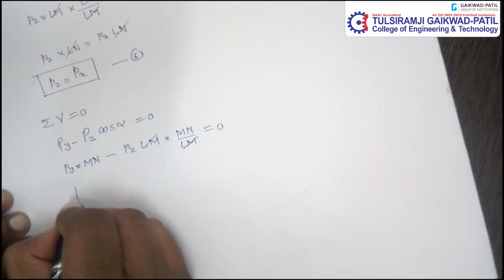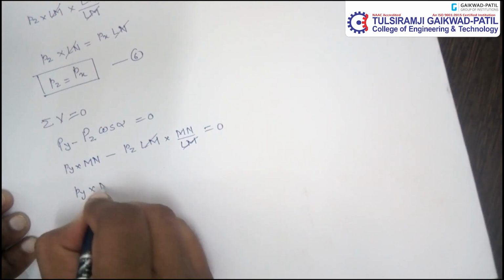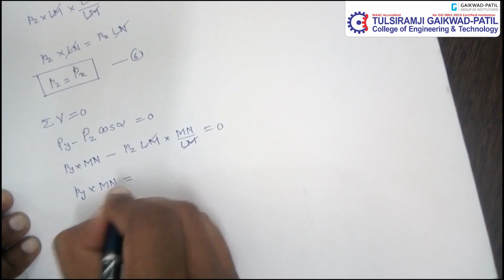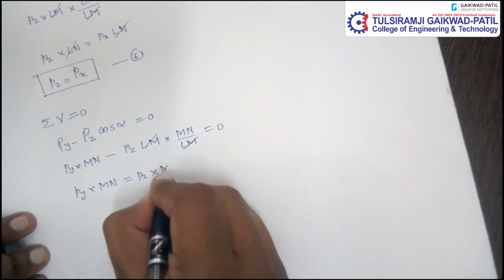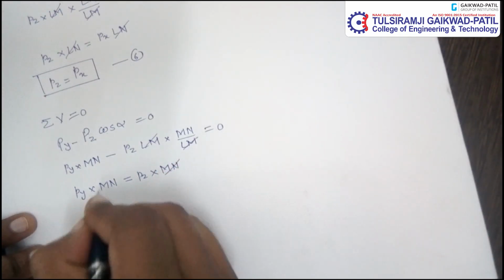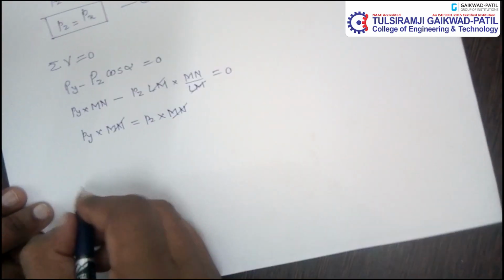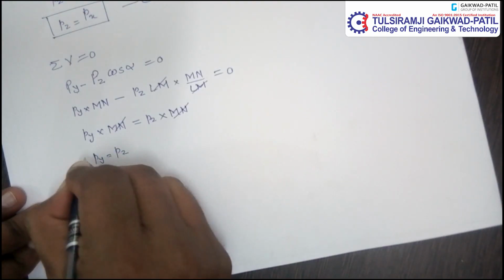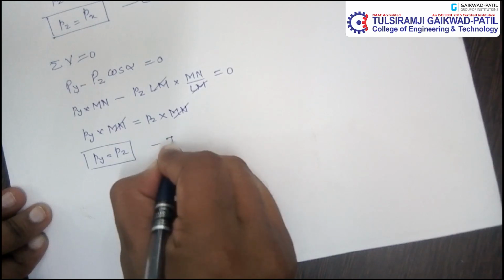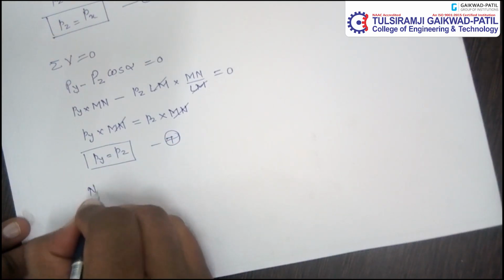So LM gets cancelled. Small py into MN is equals to, माइनस साइन उधर चली गई, तो small pz into MN, again MN gets cancelled, तो what remains? Small py is equals to small pz. This is equation number 7.